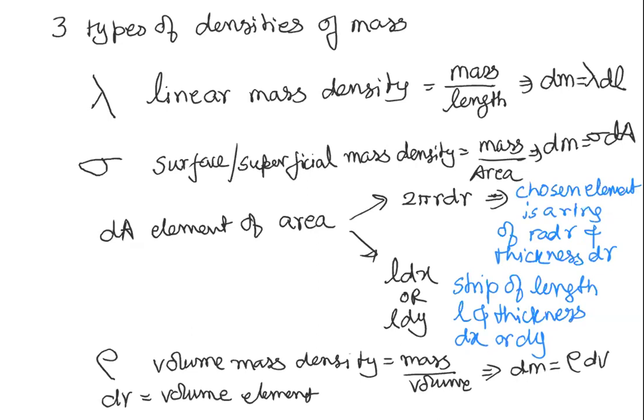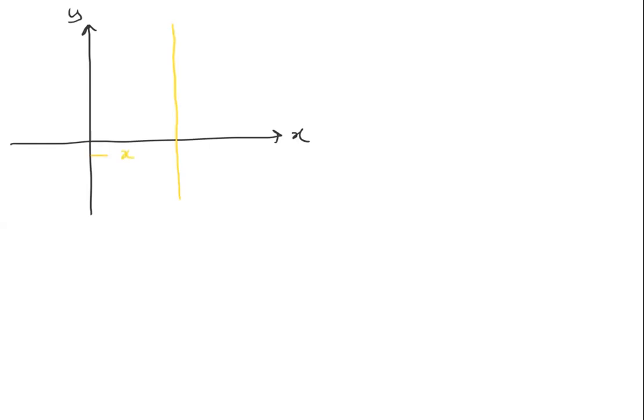क्या हो रहा है ये मैं बता देता हूँ. Supposing you have an xy coordinate like this, and supposing that at a distance of x, you choose a strip of width dx.